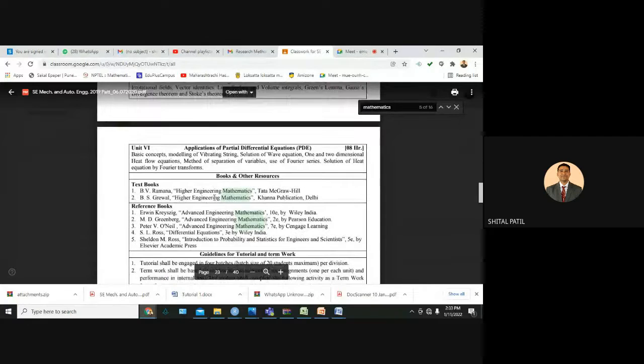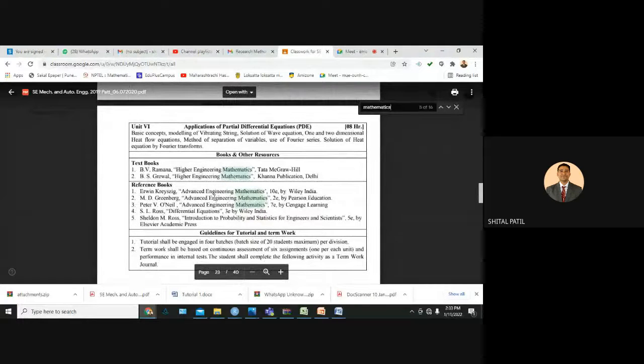Books: B.V. Ramana, Higher Engineering Mathematics. B.S. Grewal, Higher Engineering Mathematics. Those who want to read can read the reference books: Advanced Engineering Mathematics by Erwin Kreyszig, Advanced Engineering Mathematics by M.D. Greenberg, then a book with the same name by Peter O'Neil.